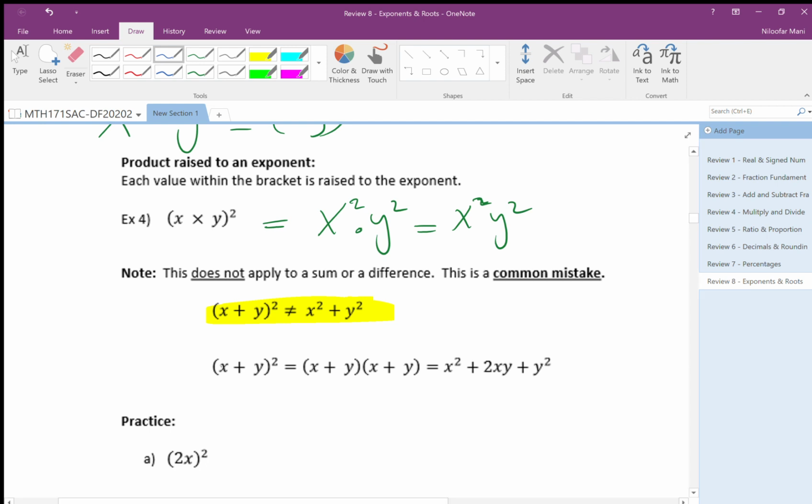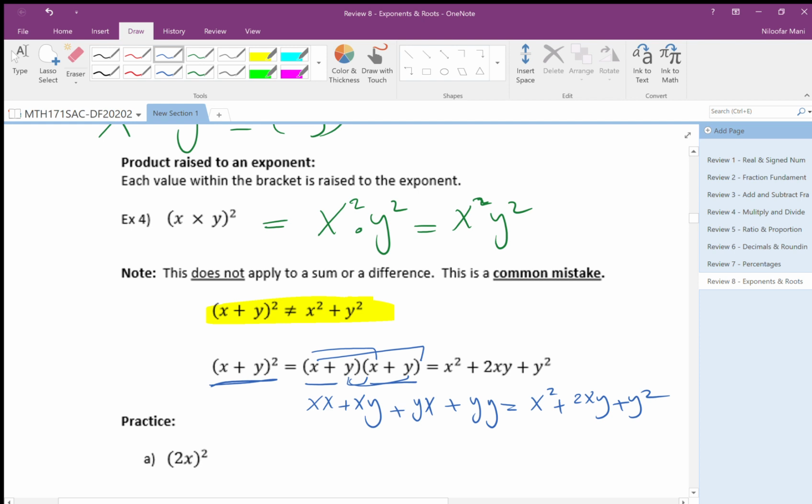When I say x plus y squared, it means x plus y multiplied by x plus y, which is x times x plus x times y plus y times x plus y times y, which is x squared plus 2xy plus y squared. But we are going to see this more in algebra, so we talk about it more later.